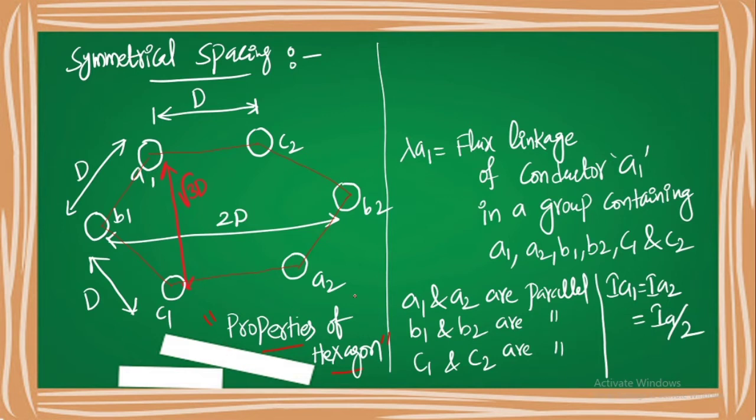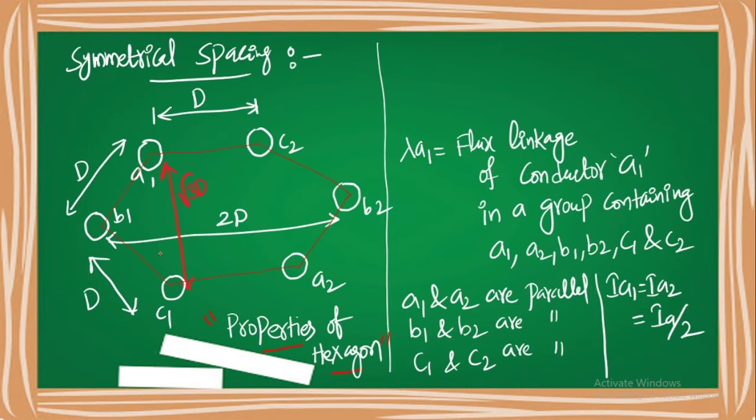If a regular hexagon has each side of length D, then between the extreme corners the distance will be 2D, and between the alternate corners the distance will be root 3 D.